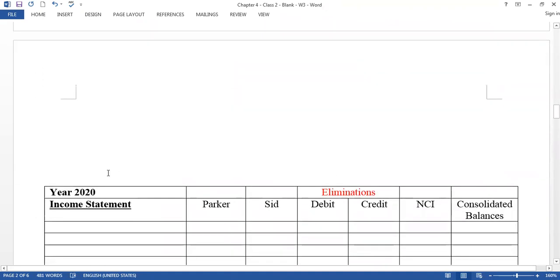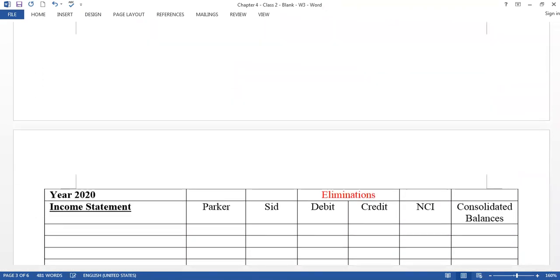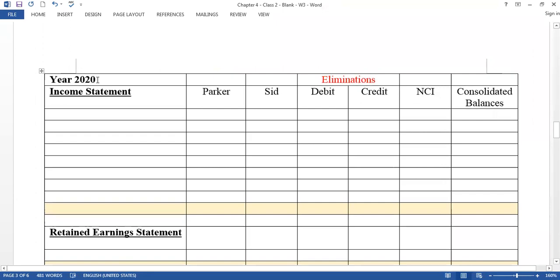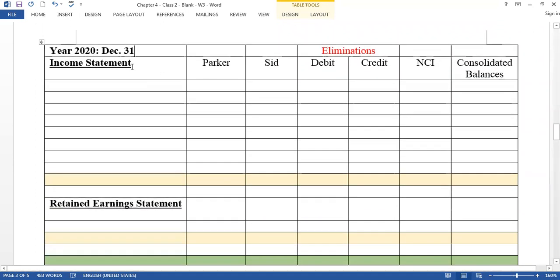Now this is the solution format. You can see that this is December 31st, 2020, and we are going to prepare the income statement. This is the parent company's information.